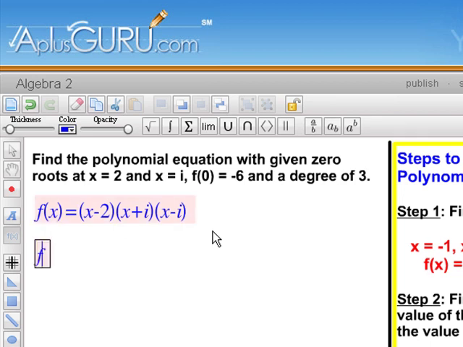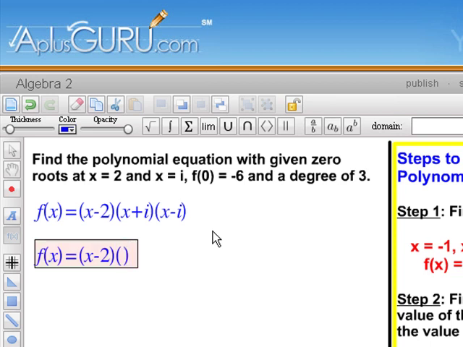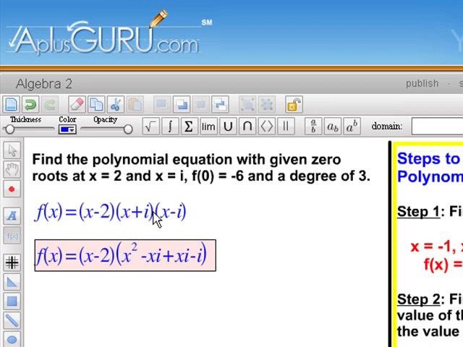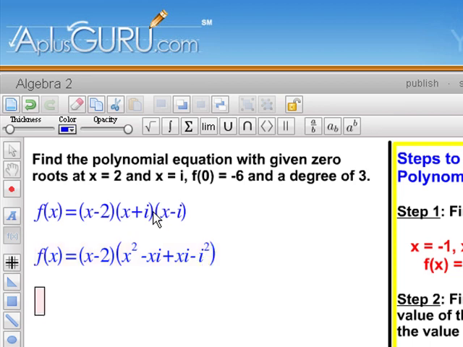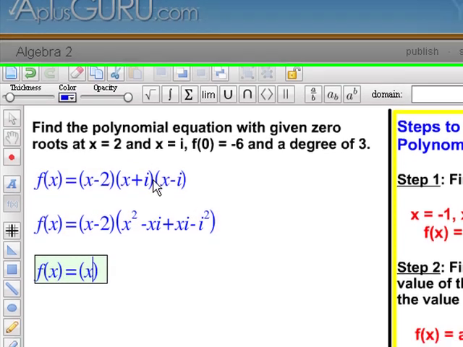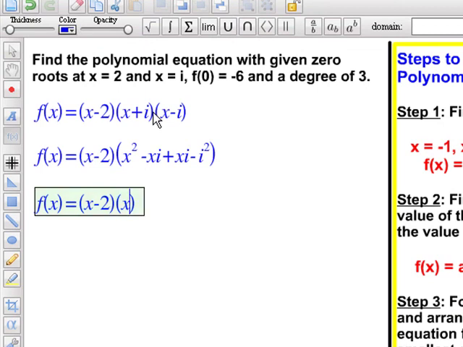Therefore, we end up getting f of x equals x minus 2, and with the help of the distributive property, we end up having x squared minus xi plus xi minus i squared, which will then simplify to f of x equals (x minus 2)(x squared plus 1).